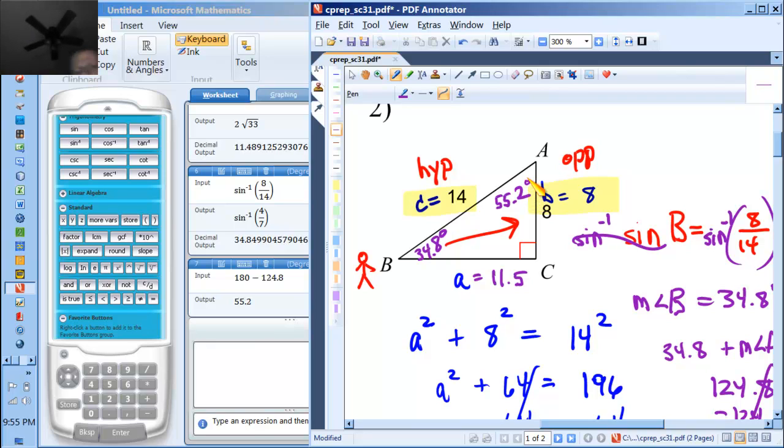Angle B, 34.8 degrees. And side A is 11.5. And I'm all through.